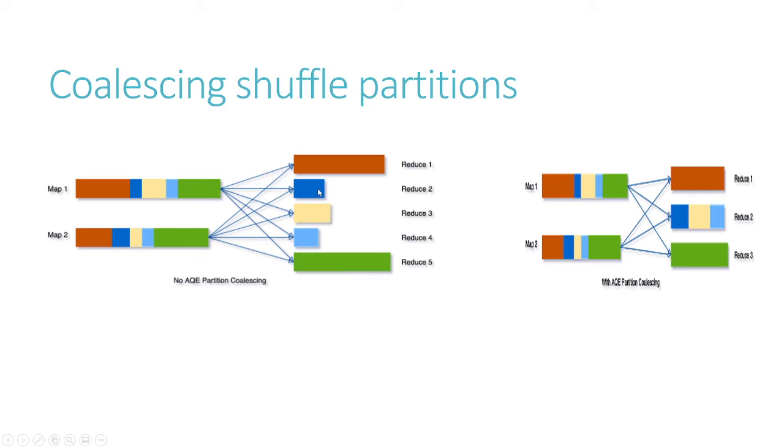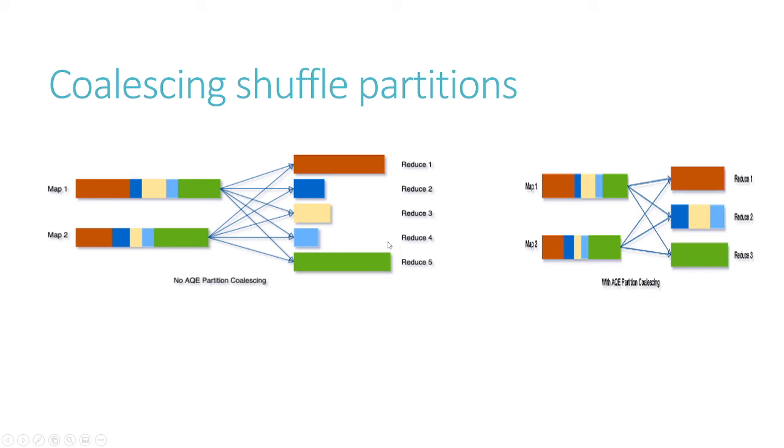We are having some of the partitions as low, which is less. So what happens in AQE is that you can coalesce these partitions into a single partition. This is how coalescing shuffle partitions comes into the picture in AQE.